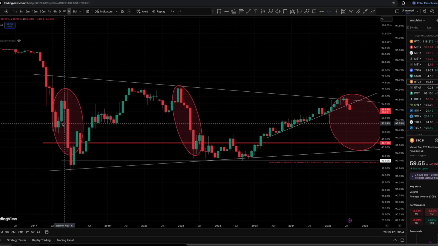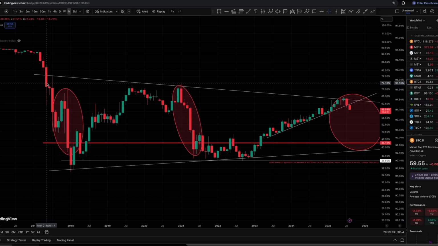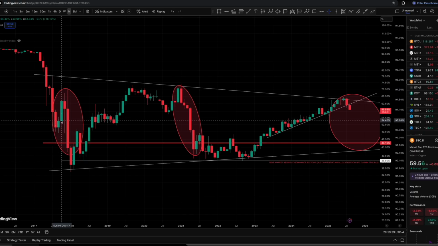And then for this one here, it depends on where you take it from, but if you're off of this move, it was 2 candles, and if you start from this red candle over here, you had 1, 2, 3, 4, then you had a little pullback, 5, 6, 7, and then 8 months.